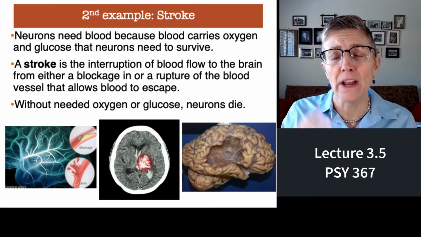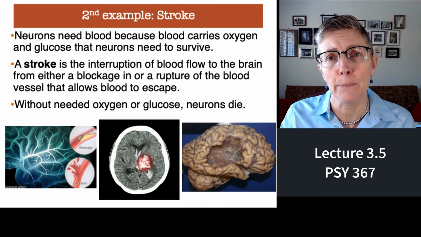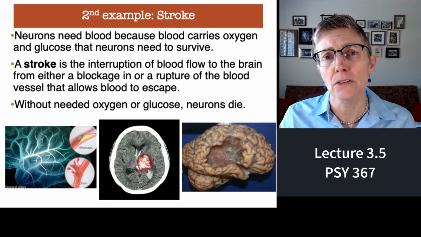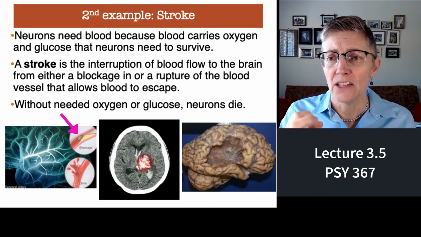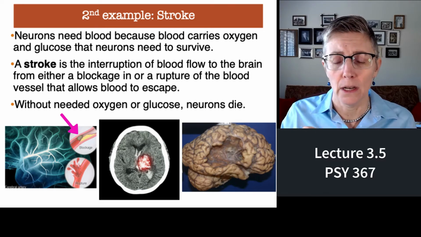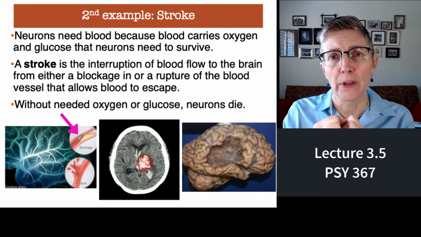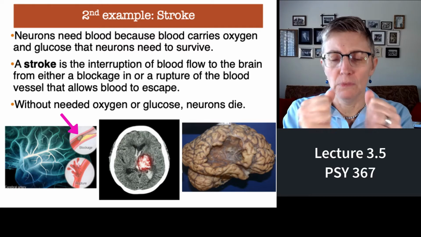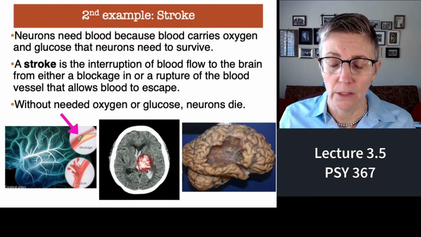There's 2 different kinds of strokes, or 2 different kinds of problems that can happen to the blood vessels in your brain. The most common, 90% of the time, is a blockage. It's when something literally physically blocks the blood from flowing in the blood vessels.